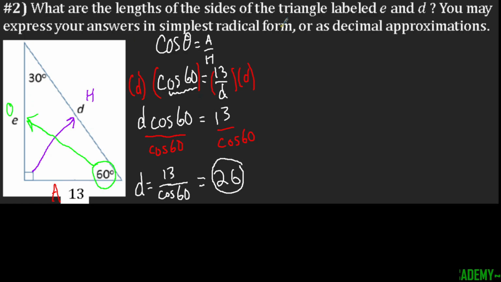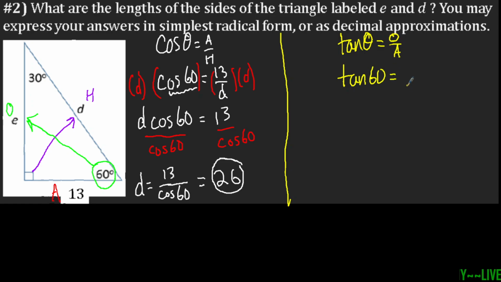Now I need to solve for E, and E is the side opposite. What I suggest you do is use that side adjacent again because that's a given number. So we can use tangent for this one. I have tangent theta equals opposite divided by adjacent. So I have tan of 60 equals E divided by 13.